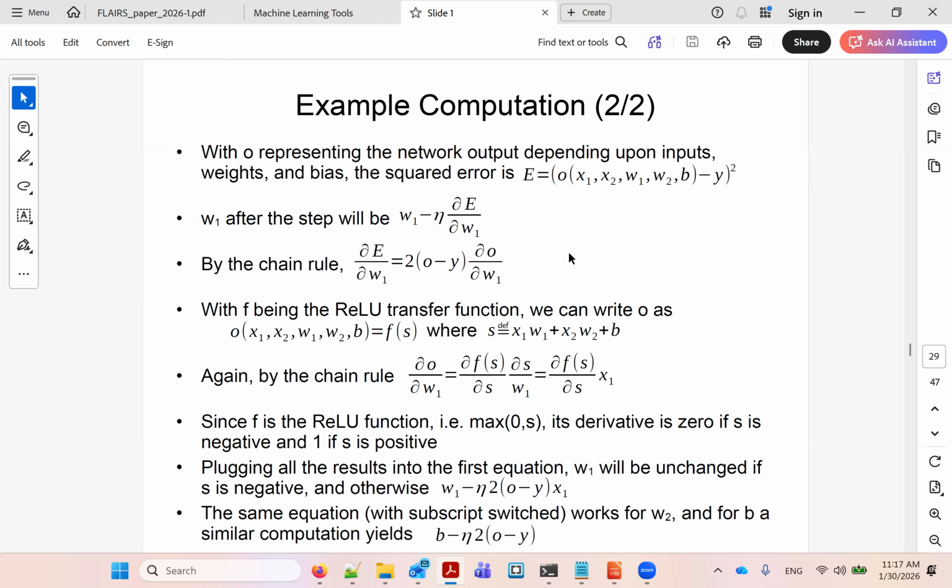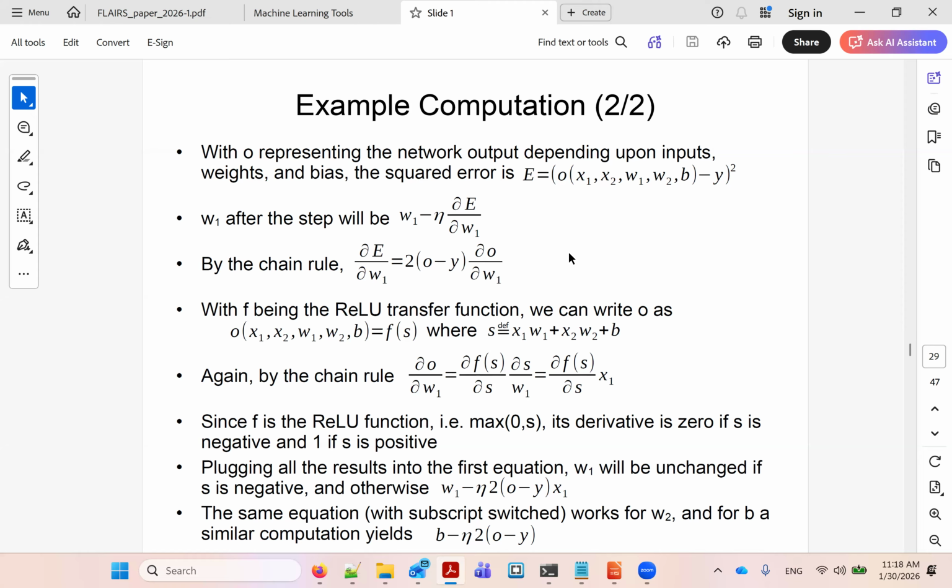Okay. And if it's not, if we're in the positive regime, then this derivative becomes 1, and that leaves us with this as our update, right? Oh yeah. Okay, I've just wrapped everything all together here. The negative eta is coming from here, 2 times the difference, that's down here, and the derivative is as it was in the last slide, because we're in the linear part of the ReLU function.